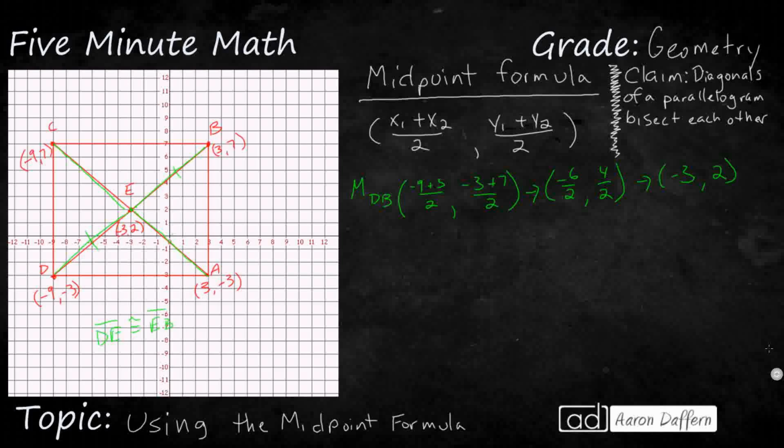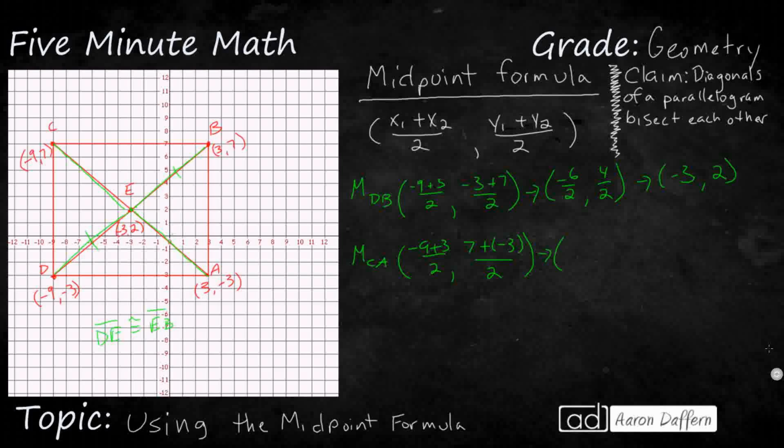Now, let's see if CA has the same midpoint. For CA, I'm going to take my x values, -9 plus 3. That should look familiar. Now the y values are 7 plus -3. So it's kind of like what we did on the top value, but the signs just switch between the 7 and the 3.